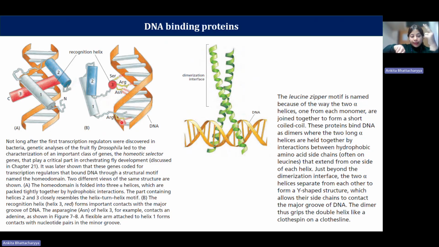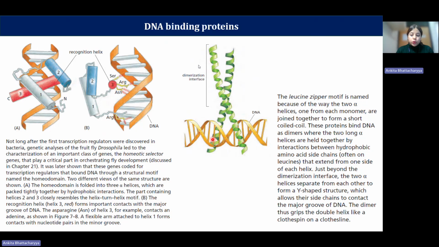One approach by the protein, by the recognition helix, with the DNA backbone, with the adenine present in the DNA, and the other helix has an arm which is able to form interactions with the nucleotide pair that is present within the minor groove. So this was as an example.